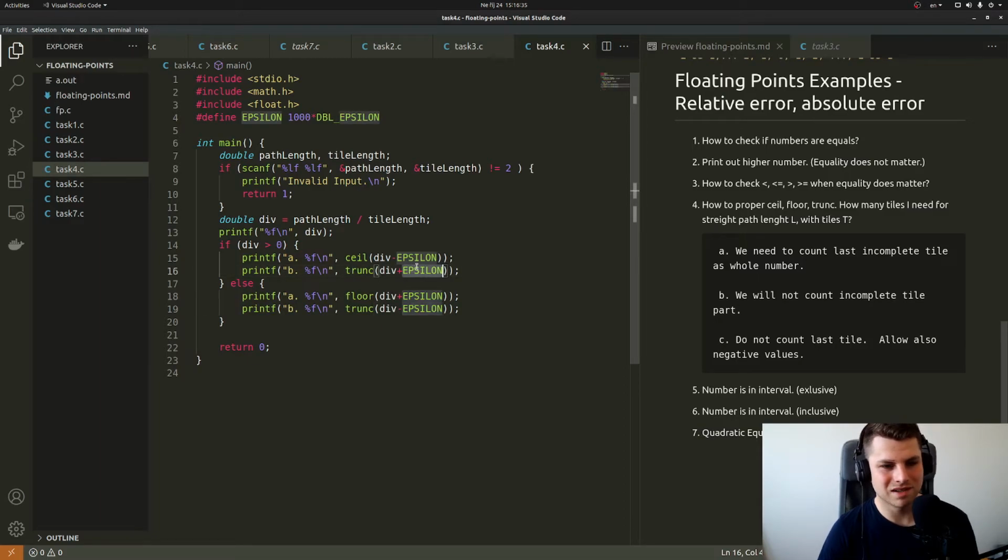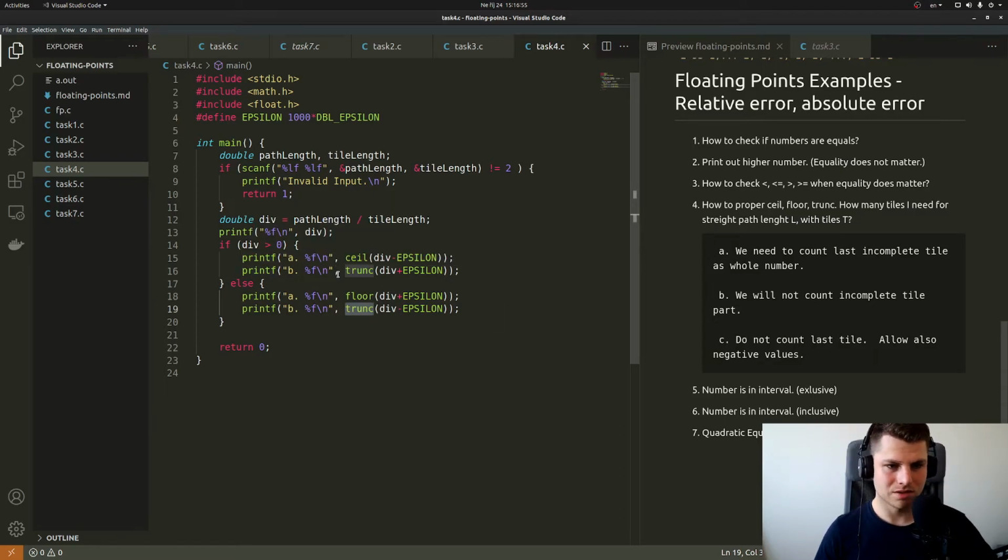And when we have truncate, yeah, we just have to think about that precisely, because truncate will always drop the fraction part of the number.